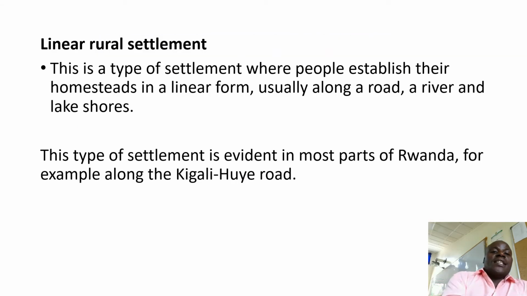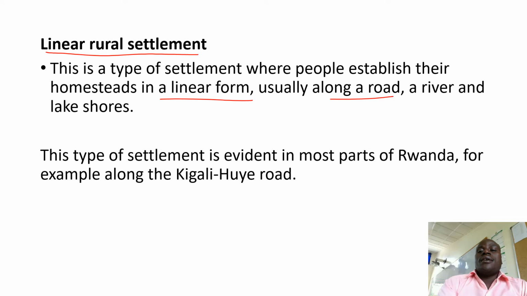Then we have linear rural settlements. This is a type of settlement where people establish their homesteads in a linear form, usually along roads, rivers, and lake shores. People settle near transport networks and lines, like roads, lake shores, and rivers.